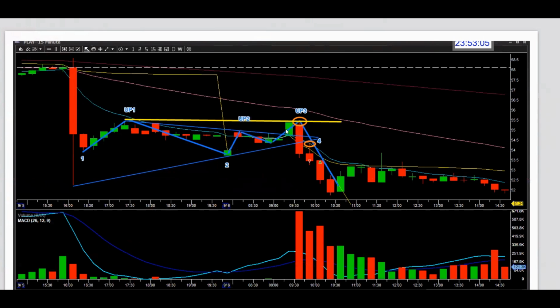At the open, I've seen this pattern happen a lot. When a stock is down in pre-market, you'll get the push towards the resistance. It'll complete the pattern, reverse off the resistance line, and come right back down through this zone.